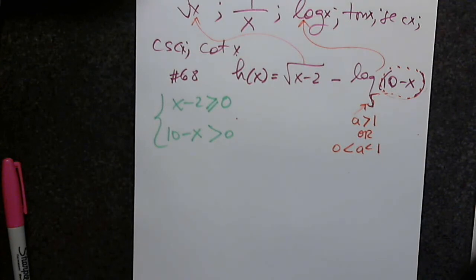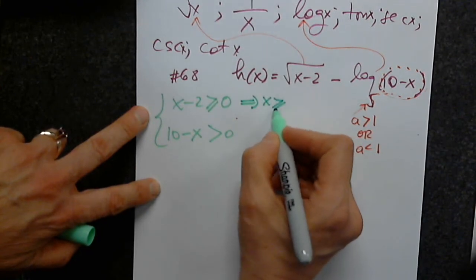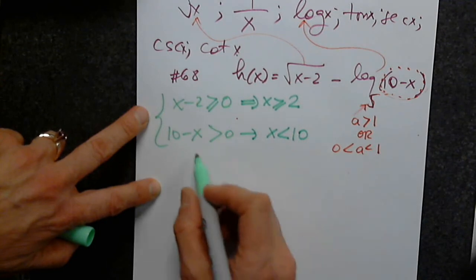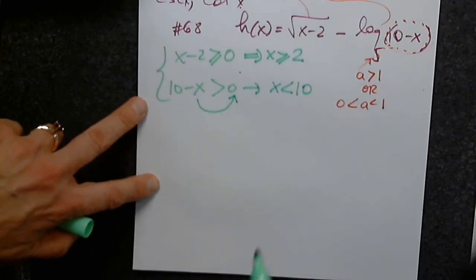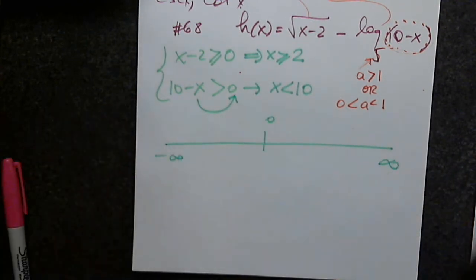You are plugging in something that you can't, right? Because we know that the log function has a vertical asymptote there. Good. So I solve this as x greater than or equal to 2, and I solve this as x less than 10. I graph those two solutions because what am I doing with these two?